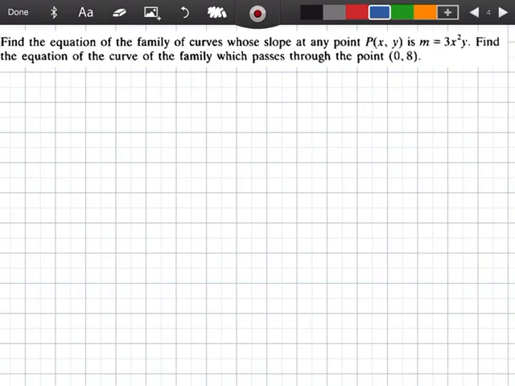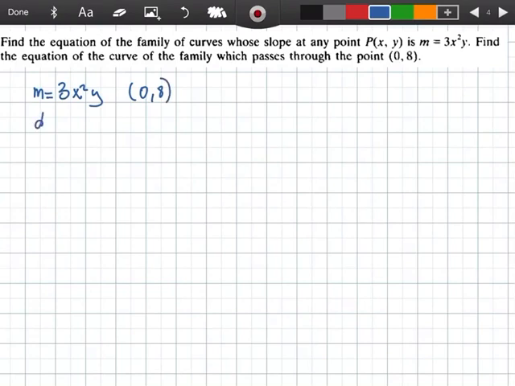Find the equation of the family of curves whose slope at any point P(x, y), where the value of x and y is not given but a variable x, y, is m equals 3x squared y. Find the equation of the family of curves which passes through the point 0, 8. So, m is defined as 3x squared y which passes through the point 0, 8.